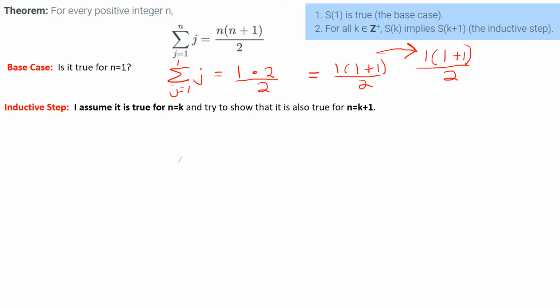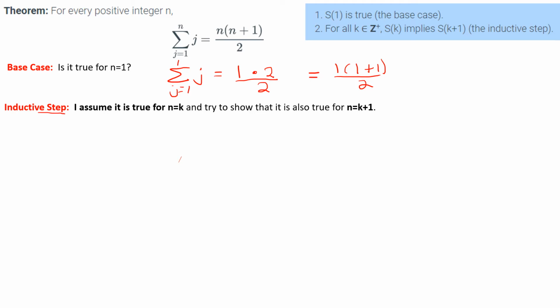So basically we just put a 1 in for n, and then just double check to see if we could write what the answer is in the form that looks just like this. Okay, so that's what we would have. Okay, so it's true. This is true for n is equal to 1. So now we go on to the inductive step.